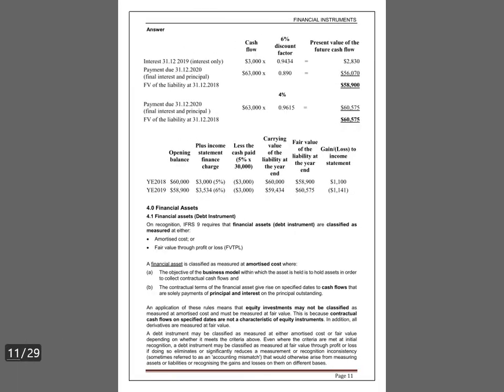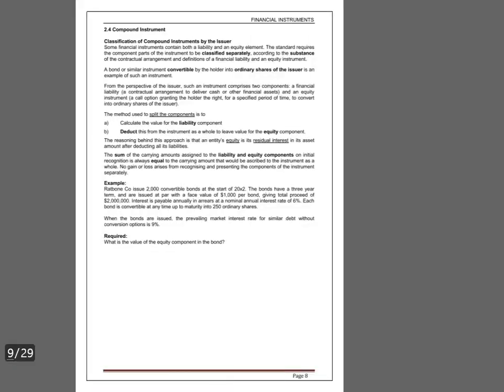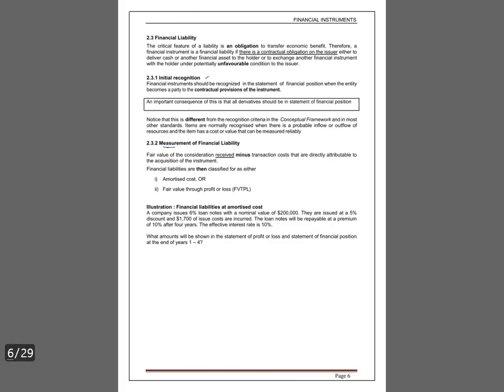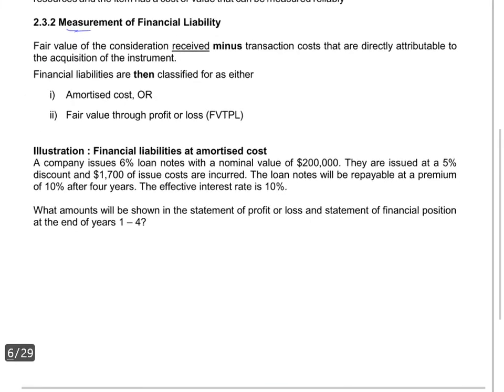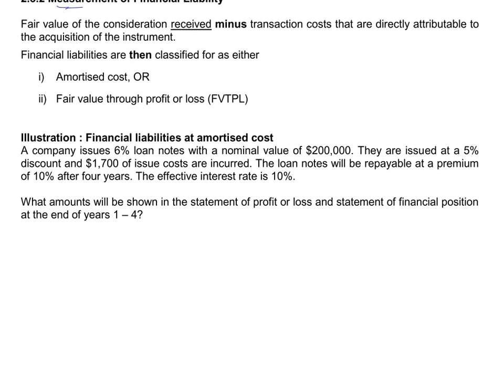Which page? Question 6. A company issues a 6% loan note with a nominal value of 200,000. Can you write there, 6% loan note? 6% is your nominal interest rate.